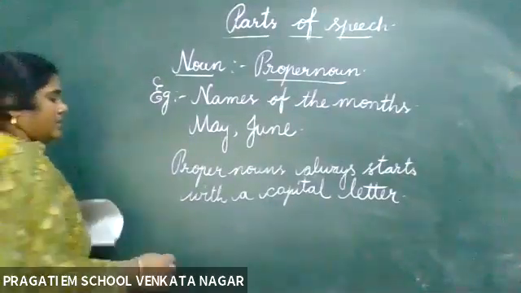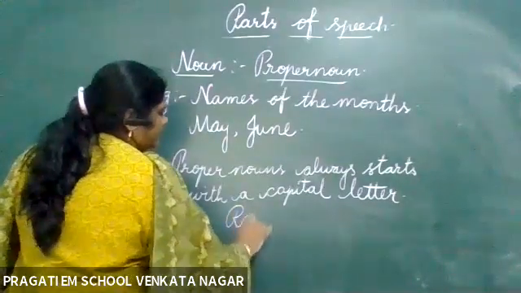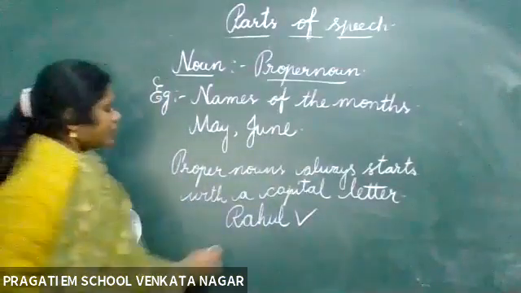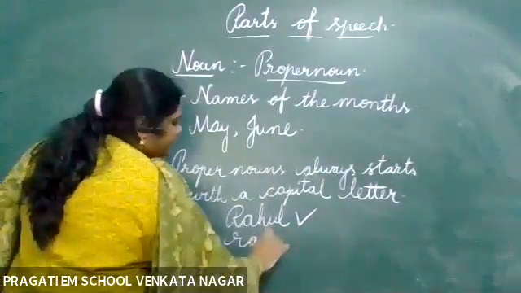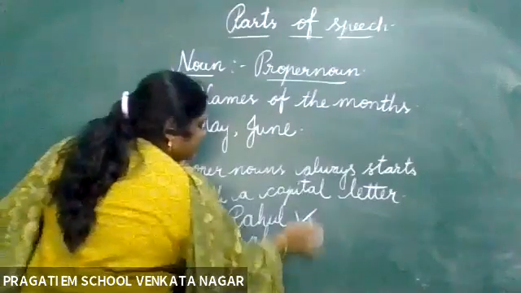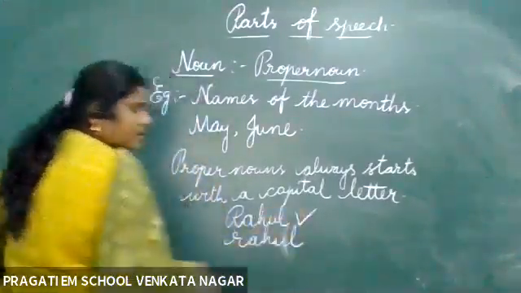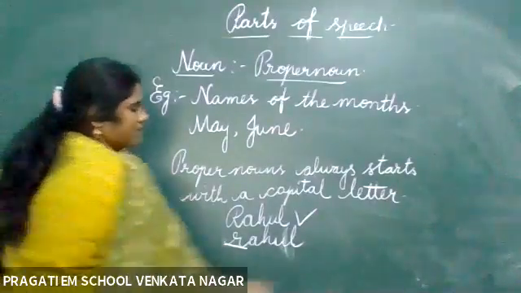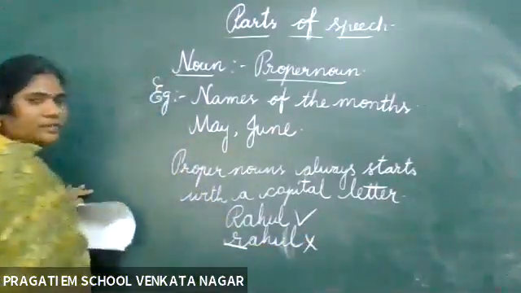For example, your name is Rahul. If you write your name like this, then it is correct. If you write your name like this, even though spelling is correct, but it is a wrong way, because here you wrote first letter as a small letter. So it's wrong.